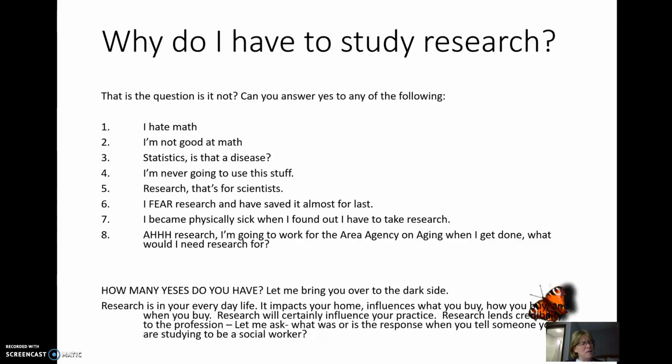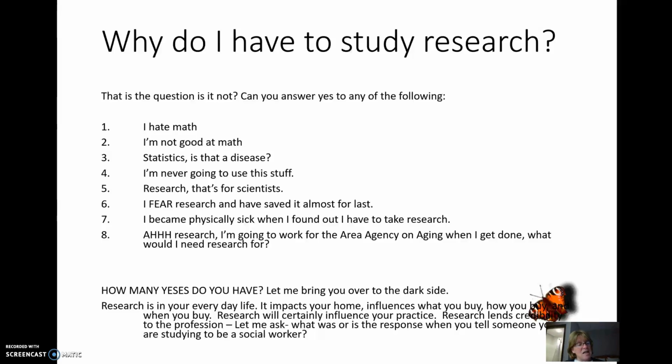The second reason why researchers and direct service social workers didn't get along is that researchers noted that practitioners rarely became involved in research, nor was the use of research by practitioners very consistent.